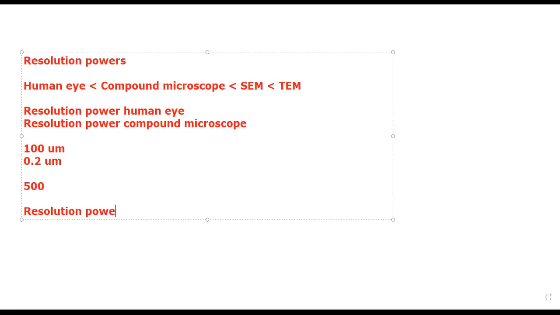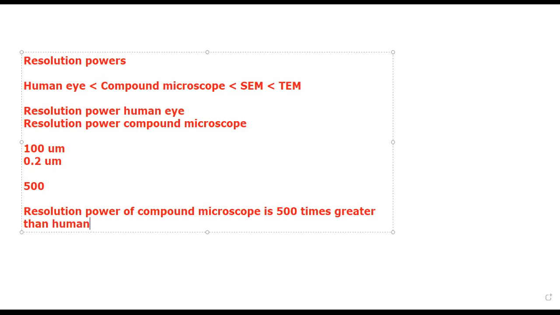What is the meaning? Resolution power of the compound microscope is 500 times greater than what is it? Human eye. Are you clear? Clear, sir.